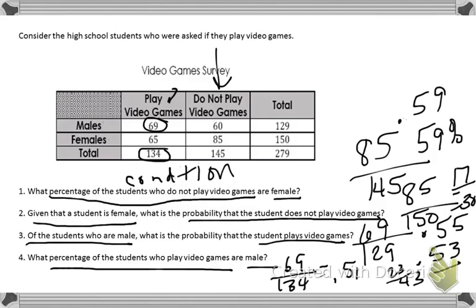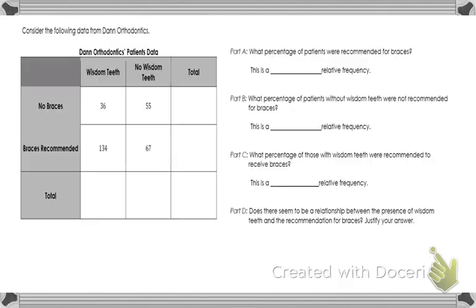So I get 0.51 when I put that in my calculator. And remember, I'm going to move it 2 decimals to the right, so that is 51%. Again, conditions. And remember, when you're trying to change something to a relative frequency or a percentage, you're going to divide.